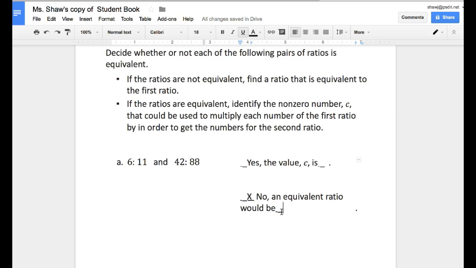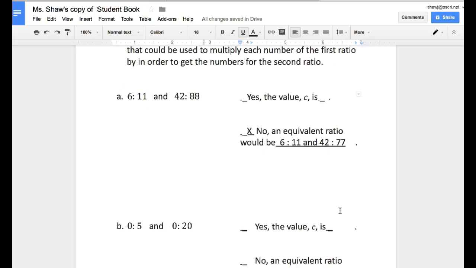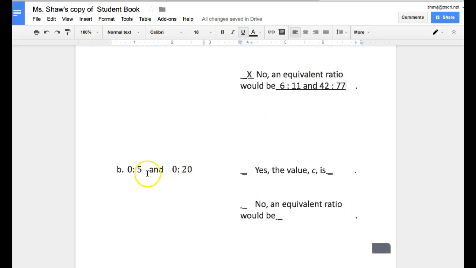I had to erase it. 6 to 11 is equal to 42 to, do you remember? 77. So that's how we do it. This one is not an equivalent ratio. However, it could be an equivalent ratio if the 88 was instead 77. Okay, let's look at the next one.